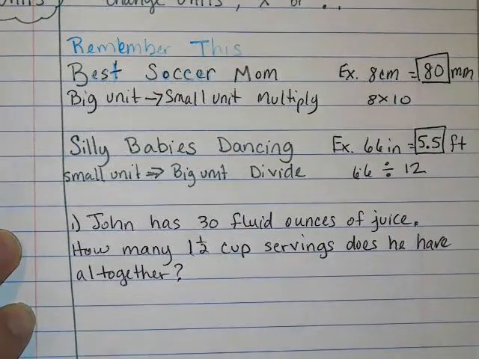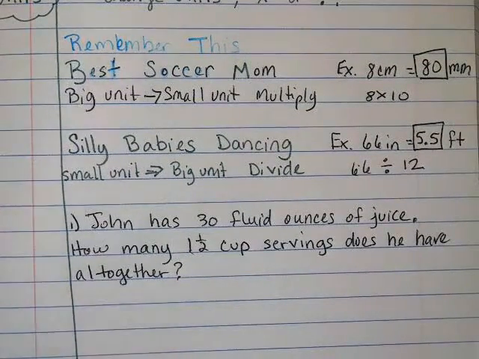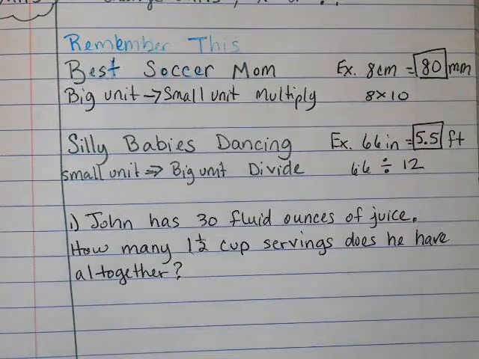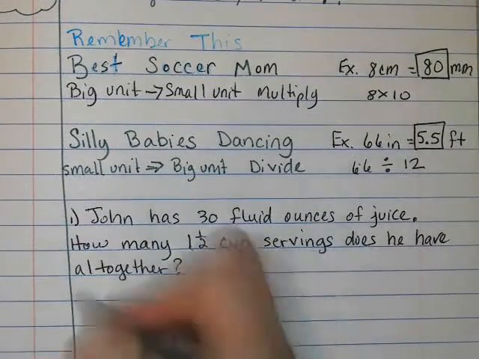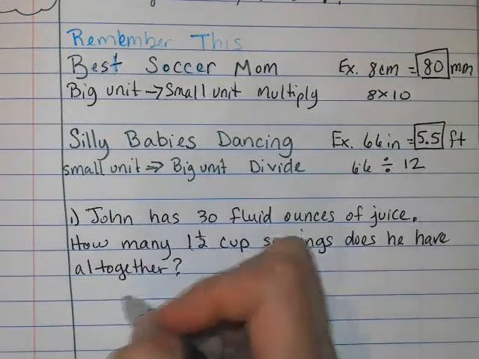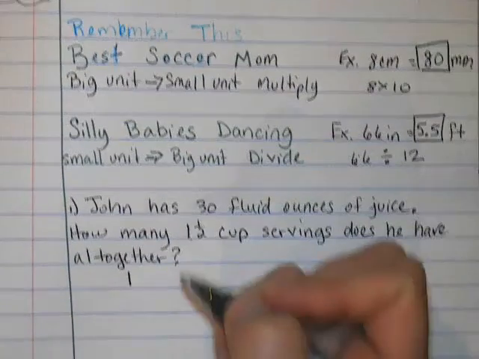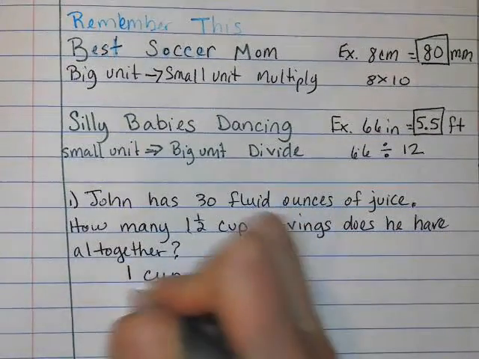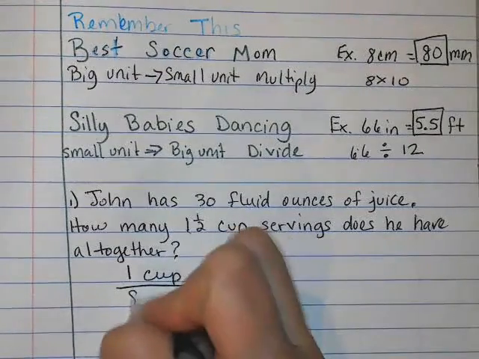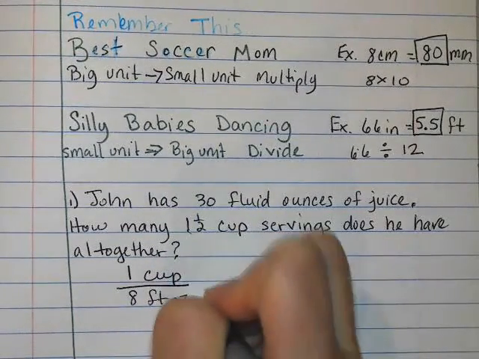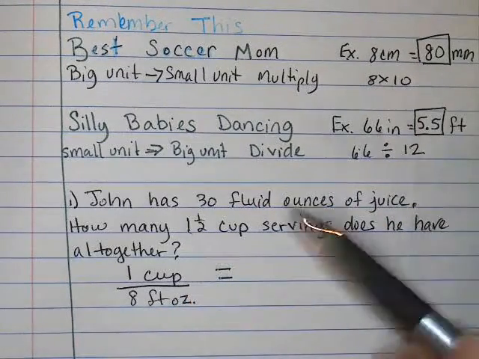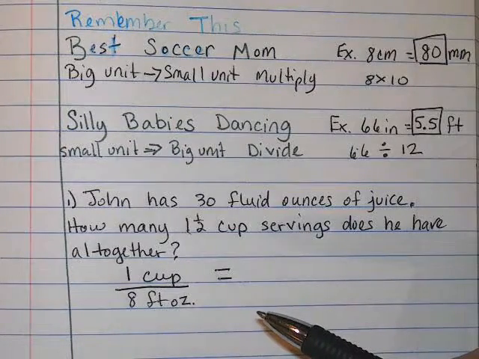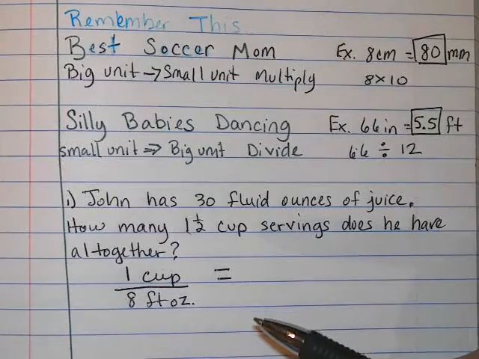Okay, so you're going to want to set up your proportions. We're going to use your reference guide to determine, okay, what do I know about cups and what do I know about fluid ounces? Using our reference guide, we know for every 1 cup, there are 8 fluid ounces. And I'm going to set up my proportion using the information that's given. They're telling me that he has 30 fluid ounces of juice, so how many 1.5 cup servings does he have altogether?